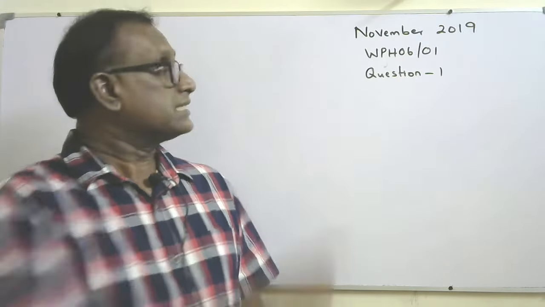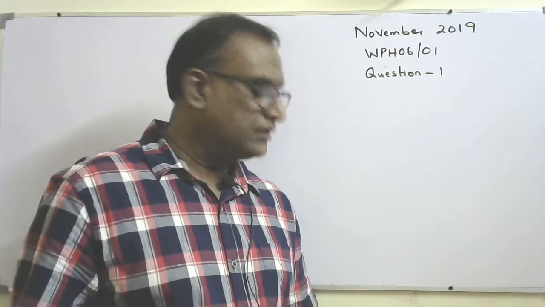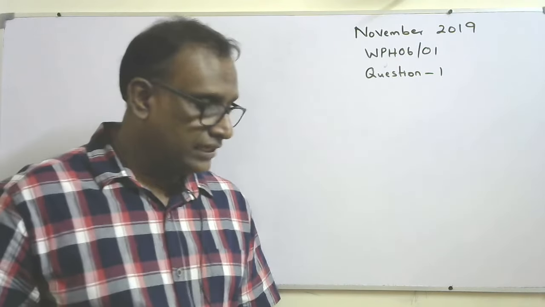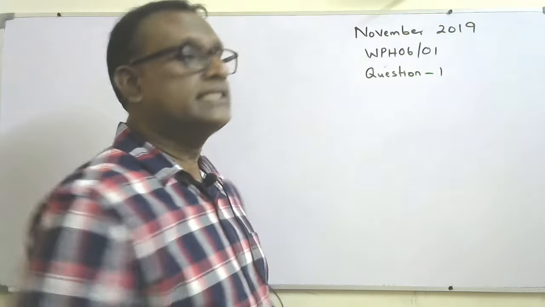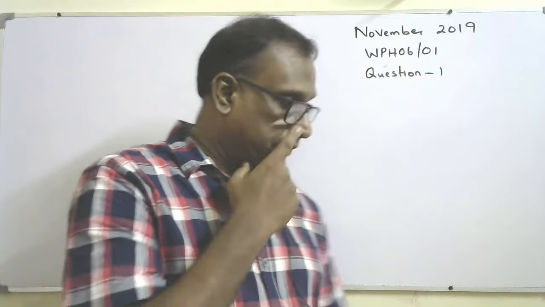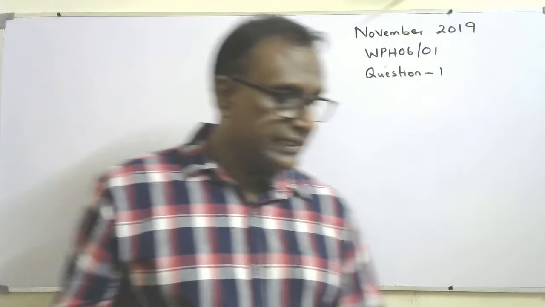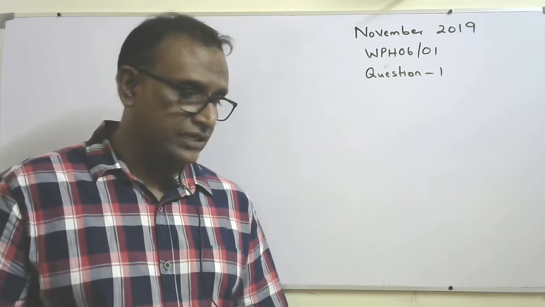First I'll discuss this question, November, Monday, 11th November 2019, WPH 06, not 16, it's the old syllabus, WPH 0601. The first question in this paper: a student determined the density of a metal. She measured a thin square sheet of a metal.